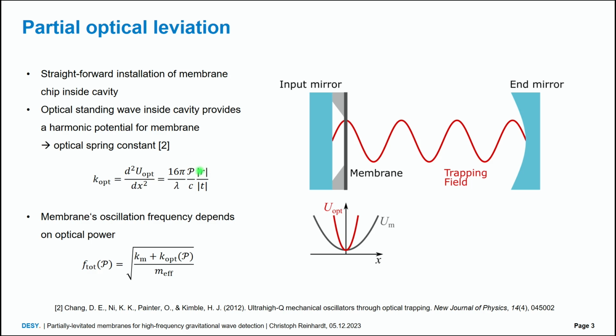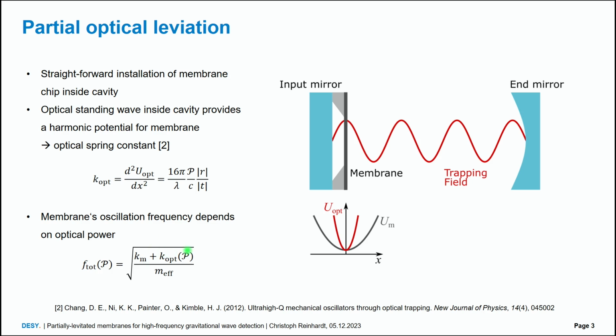Basically, it depends on the power, the speed of light, and the wavelength of the light. It also depends on the reflection and transmission coefficients of the membrane. And now we, of course, also have this mechanical restoring potential that we saw before. So the overall resonance frequency of the membrane is given by summing the spring constant, the mechanical one and the optical one, and dividing by the effective mass.